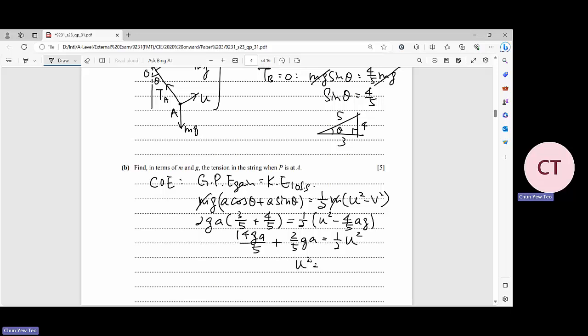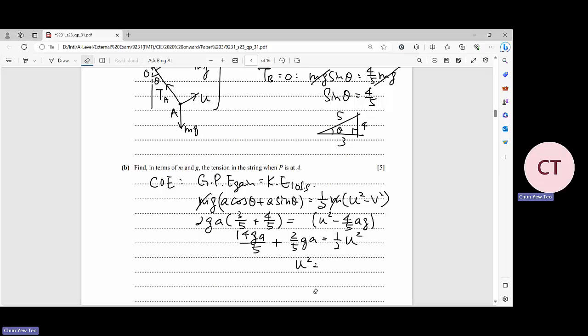Press a calculator. Oh, I make a mistake.